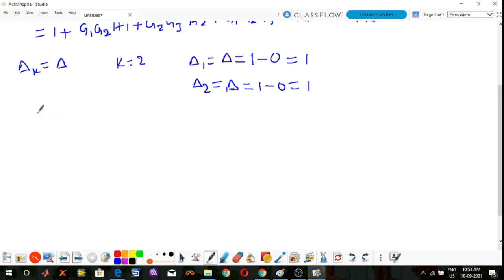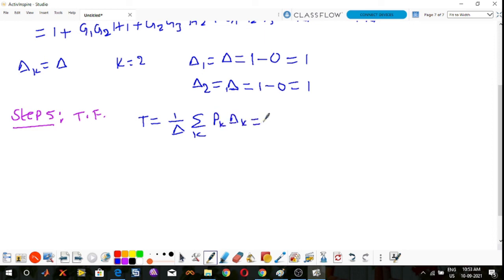Next, step number 5, to find the overall transfer function of the system using Mason's gain formula. The transfer function of the system T is equal to 1 by delta into the sum over k of Pk into delta k.